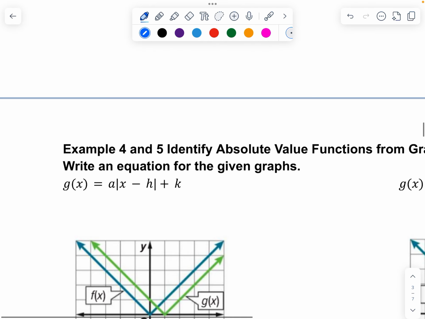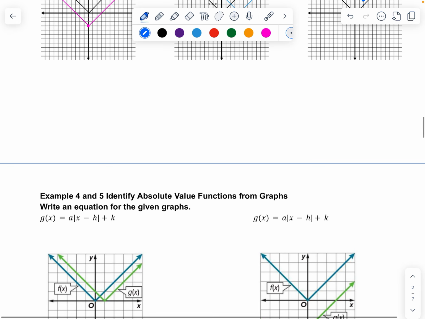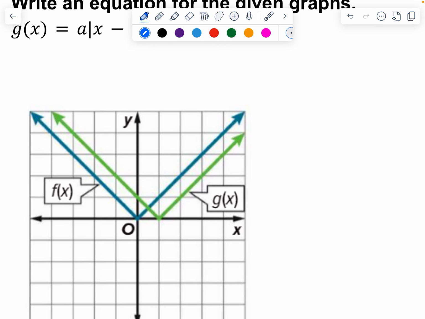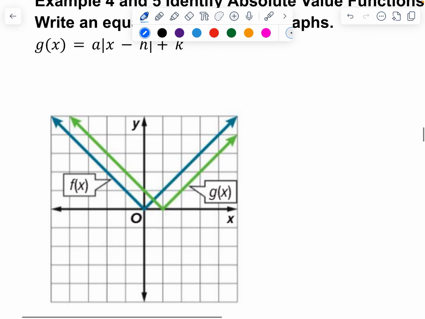Now, this one says, identify the absolute value functions from the graphs. Write an equation of the given graph. So we're going to put it in this form. So what happened? We started off with f of x, and it moved over 1.